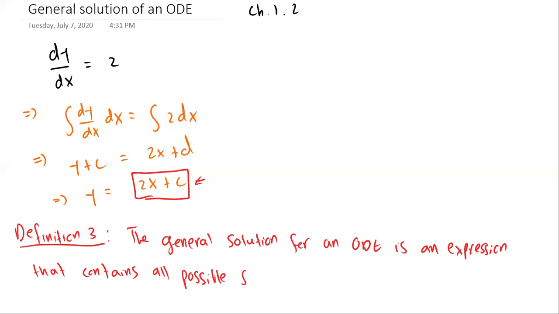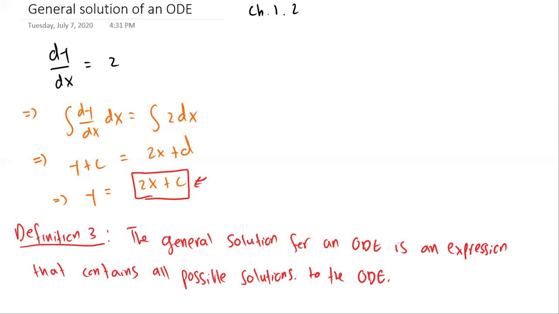So again, y equals 2x plus c would be the general solution of the differential equation dy/dx equals 2. Why? Because any solution is going to have this form. Right? So that's precisely what a general solution is, an expression that contains all possible solutions.